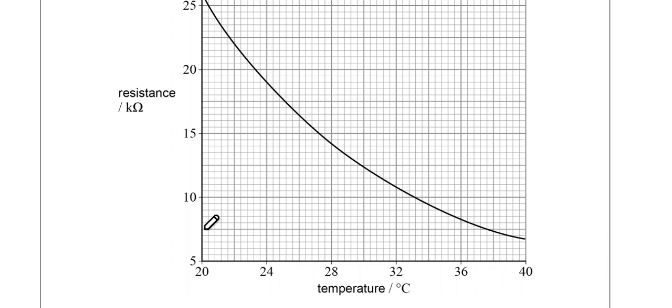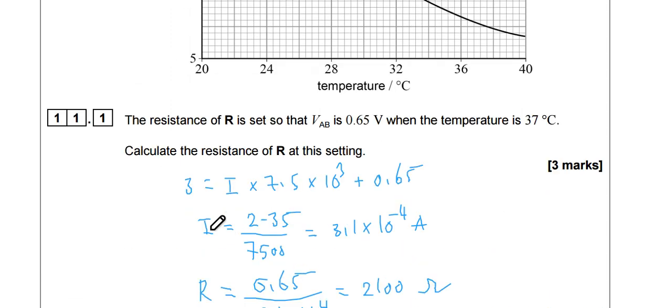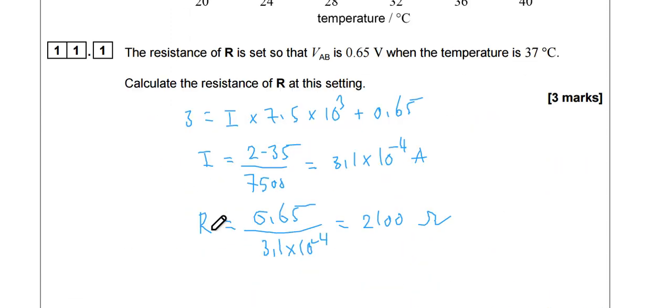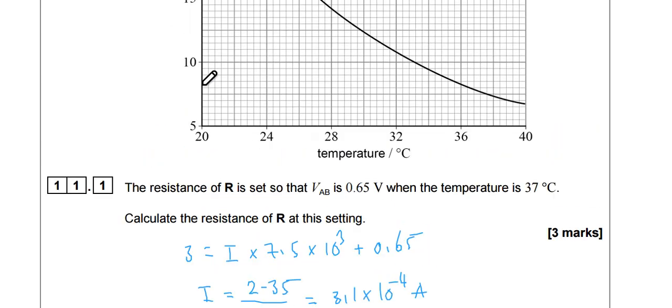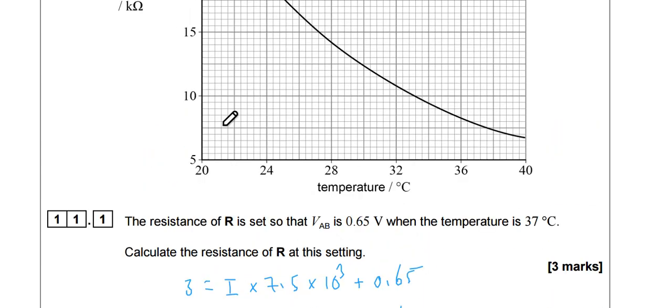7.5, by half a square, half a small square. So we expect this R to be, I think we can keep it as 7.5, and it is in kilo ohm, so we shouldn't forget to multiply by 10 to the 3.